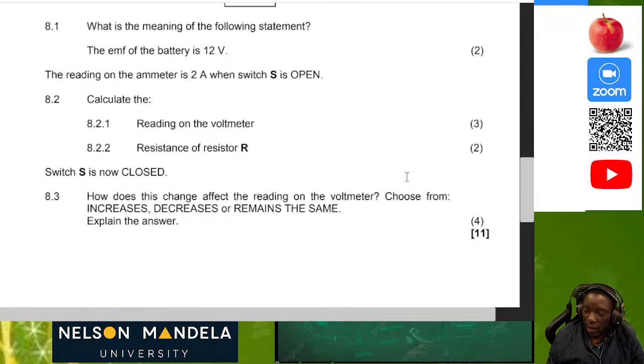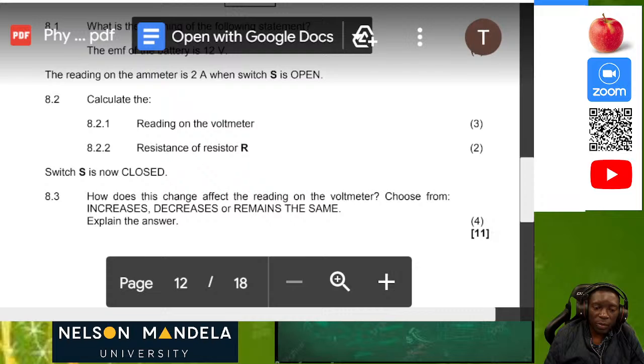So the potential drop or potential difference is given by current times resistance. That's from Ohm's law, V equals IR, which is this one.